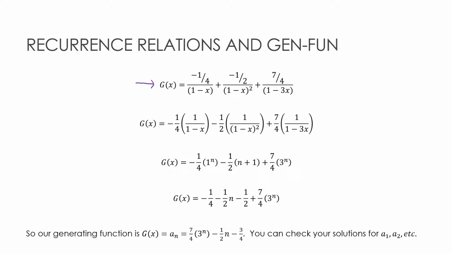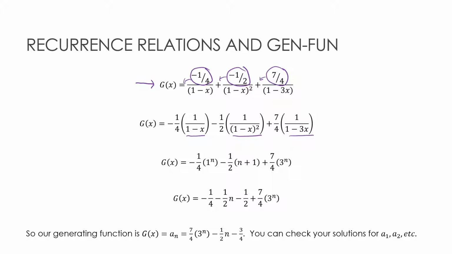What I want to do now is take these numbers, my numerators, and put them to the outside to make it a little simpler. That leaves me with 1 over 1 minus x, 1 over (1 minus x) squared, and 1 over 1 minus 3x.